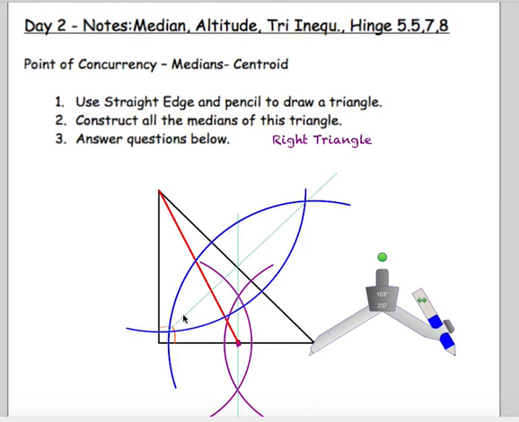Fixing that, there we go. Where that crosses the edge of the triangle is going to be the midpoint of that side, and then we need to connect that with the angle across from that side, which in this case is the right angle. We'll go to that dot there.